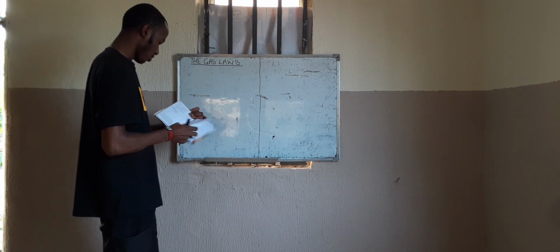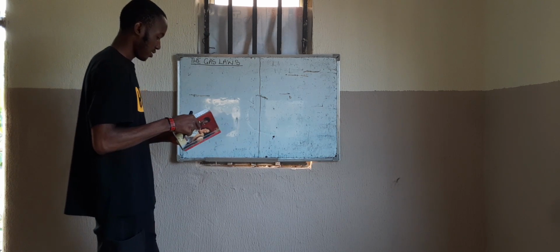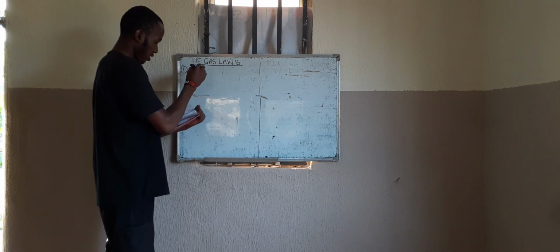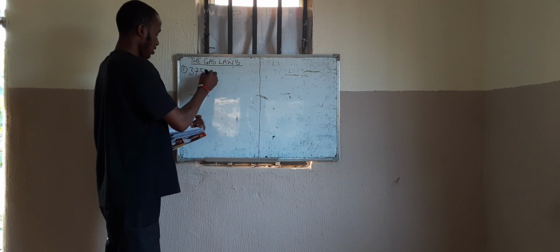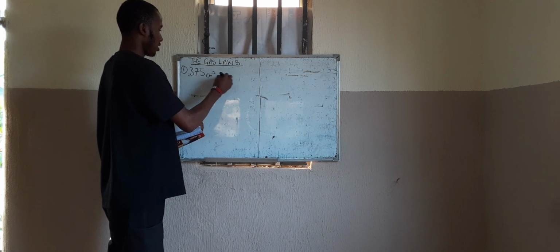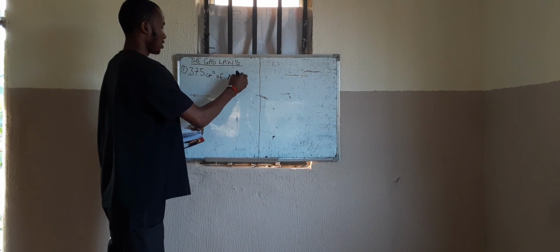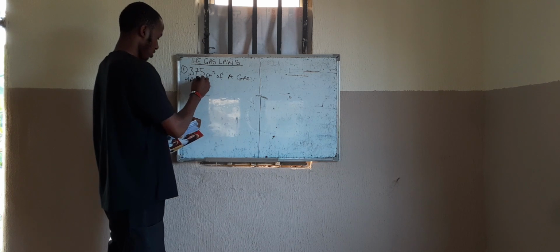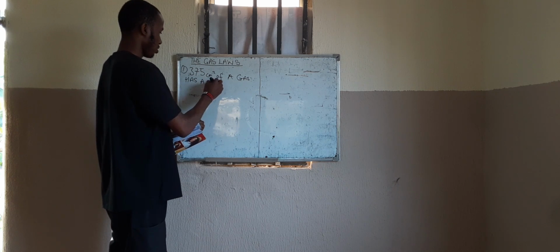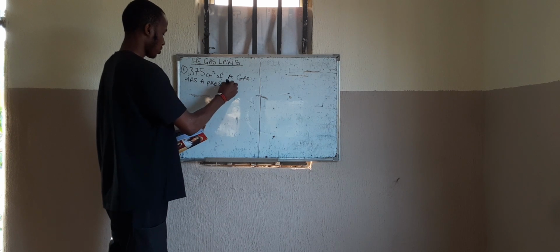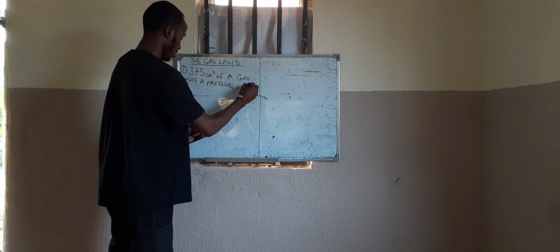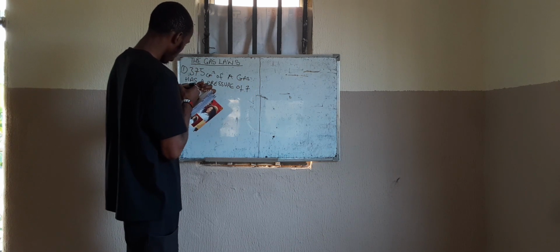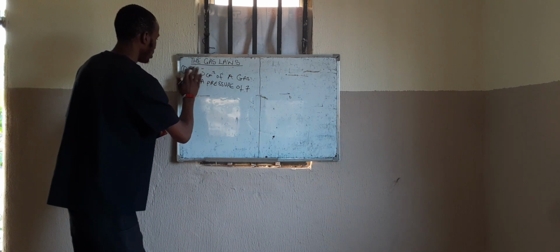So let's say we have 375 cm cube of a gas that has a pressure of 700. That's a pressure. No, let's take it like this.